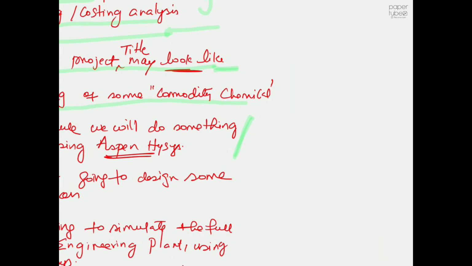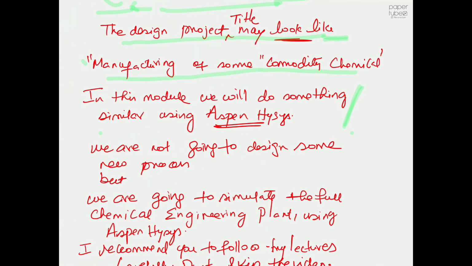We will come back to that later in a bit more detailed way. But for the moment, this lecture is going to be more like a general introduction: what we are going to do, what we are going to learn, how we are going to approach this module, and what are the things you should know before we go into the software and so on.